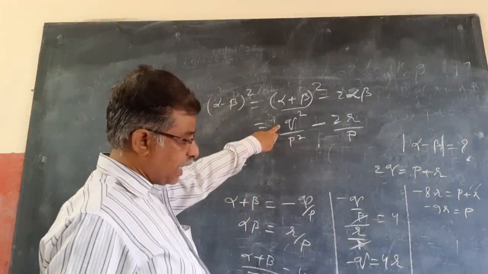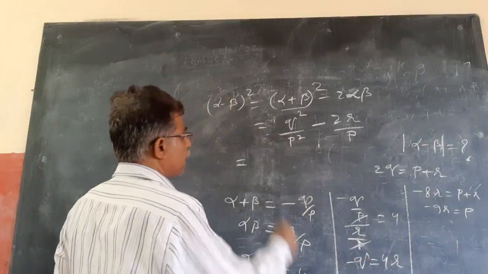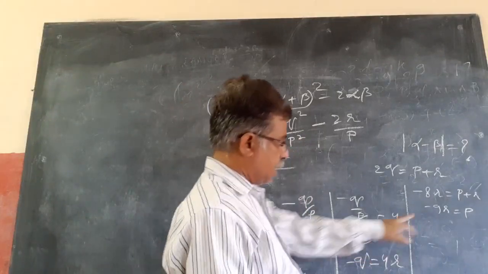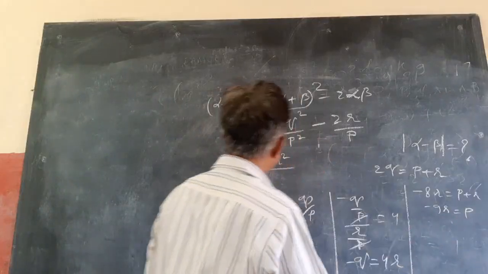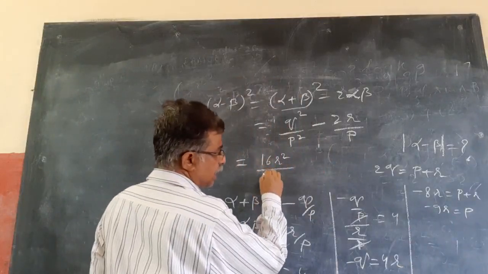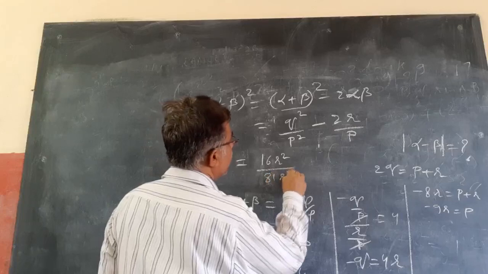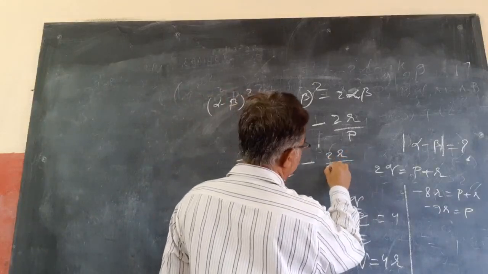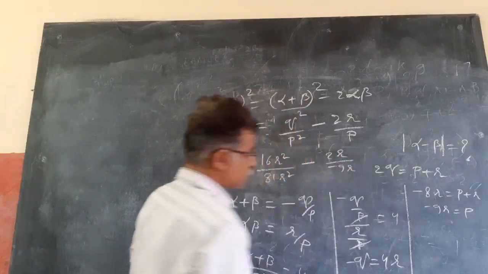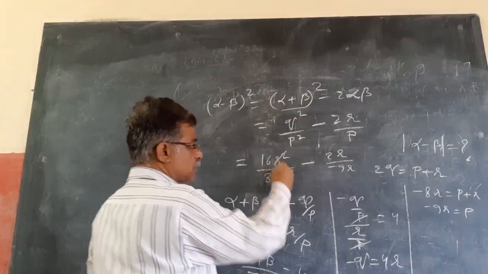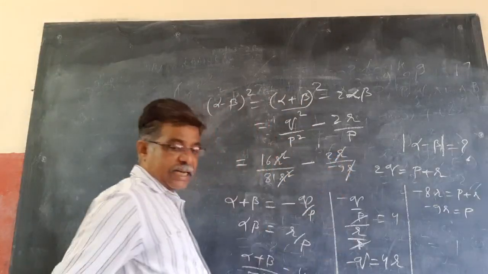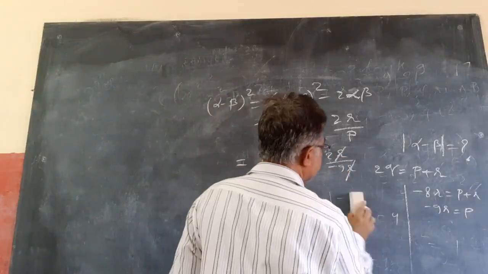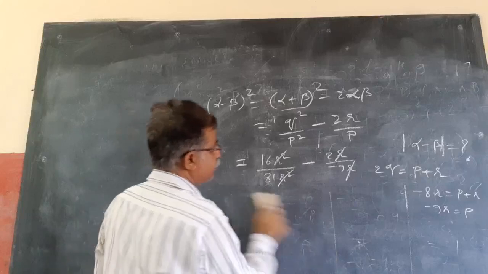What is Q square? Q square is 16R square by P square, that is 81R square, minus 4R by P, which is again minus 9R as is. So R square cancels, R getting cancelled, everything getting cancelled and getting simply numbers. All the R's and P's done.